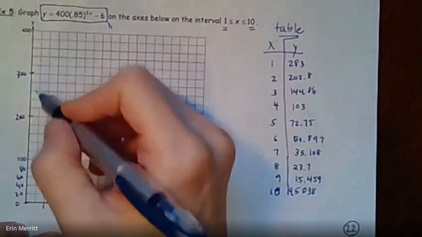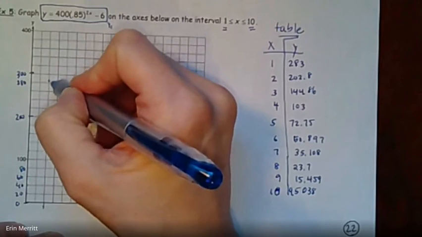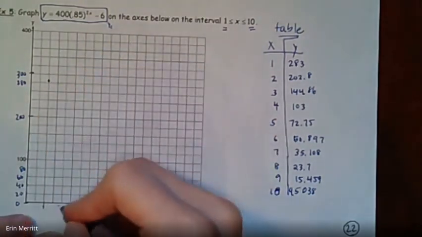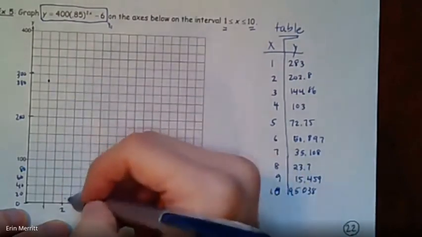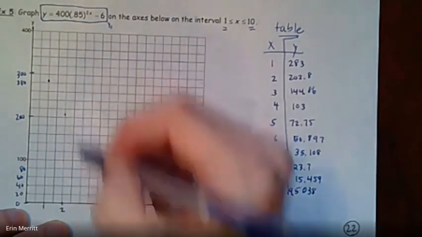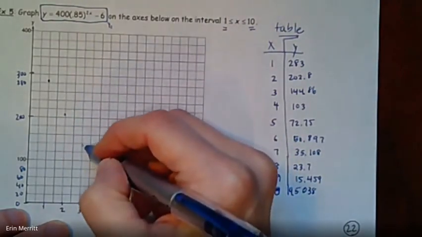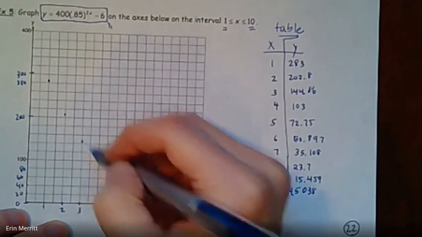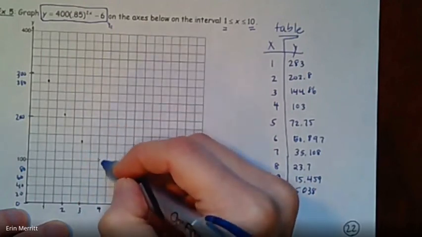So 283, so this would be 280 right here at 1, just a little bit beyond that. And then at 2, looks like every 2 lines is representing one single unit on the x-axis. We're just at 202, so a little bit over 200. At 3, we're at 144. At 4, we're at 103.